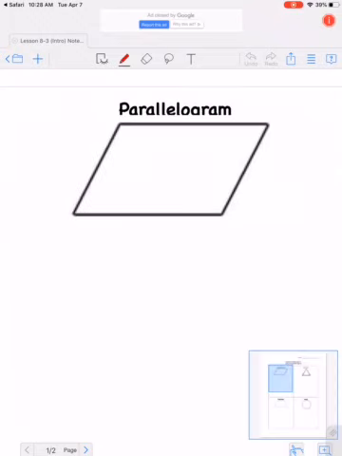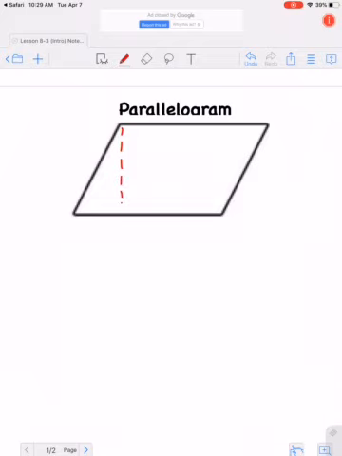So in a parallelogram, if you draw a dotted line here, this is actually the height, or h, of your parallelogram. It is not your slanted side because it's not the actual height. And then your base would be this down here.